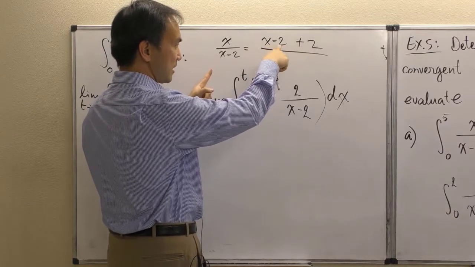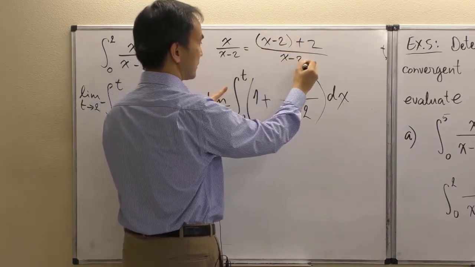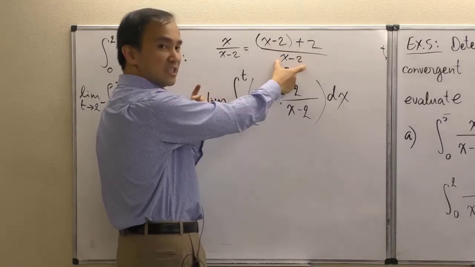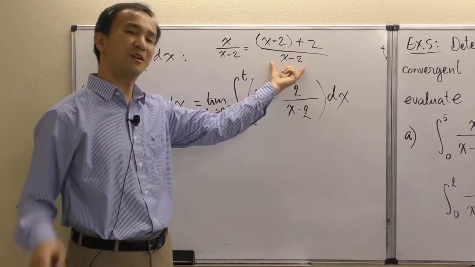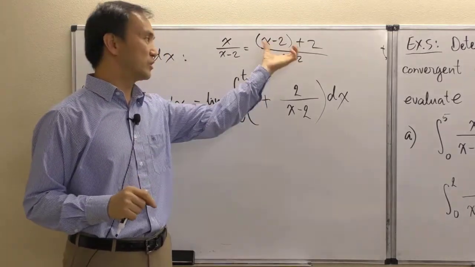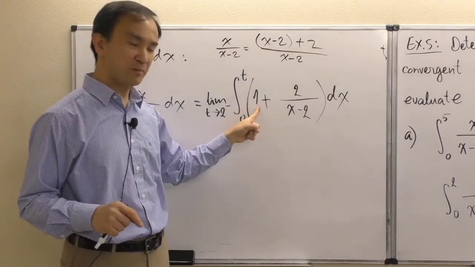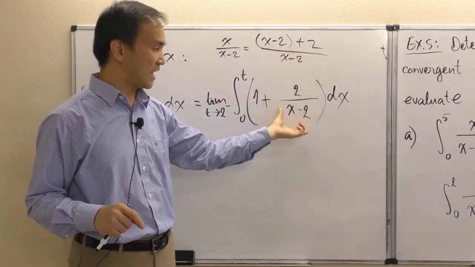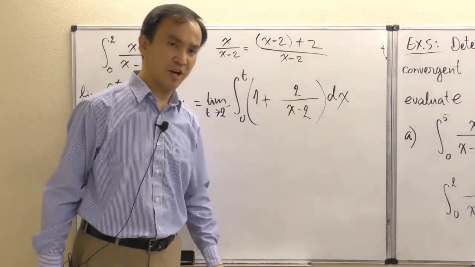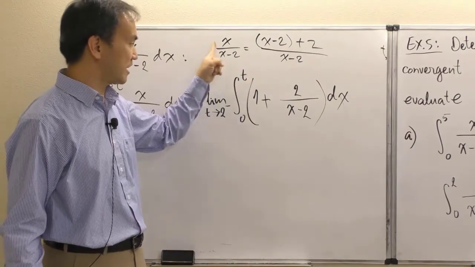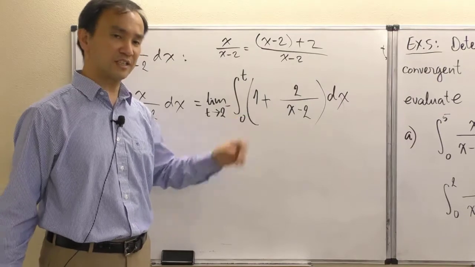The reason I do that is so that I can display the x minus 2 looking just like the denominator. Then I can separate it out into two terms, because here we have x minus 2 as a common denominator. So x minus 2 cancels with x minus 2, giving me 1. And then 2 over x minus 2, that's the remainder. There are tons of other algebraic explanations for how I can go from here to that, and I leave that for viewers to check with your algebra.